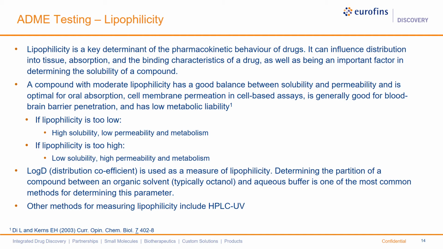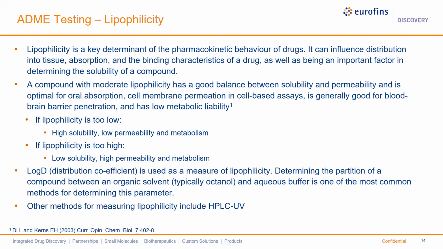So the more lipophilic a drug is, the more it partitions into that organic solvent, and the less drug there is in the aqueous buffer. Conversely, the less lipophilic a drug is, the more the drug will appear in the aqueous buffer, and not the octanol phase. So this is what is used to determine the lipophilicity or the log-D value of a drug. Now, it's not the only method.